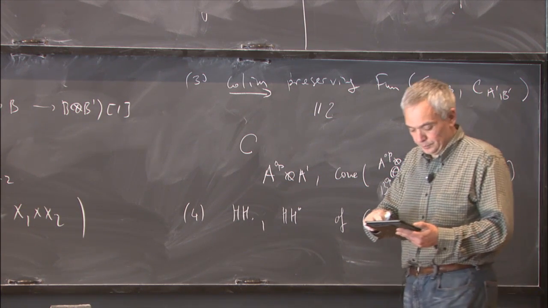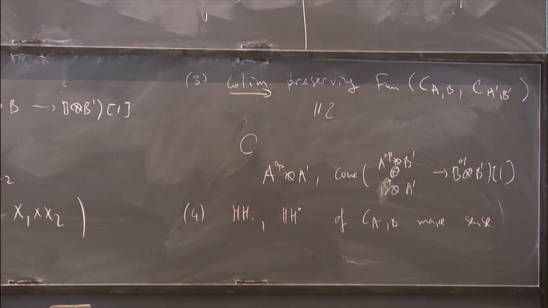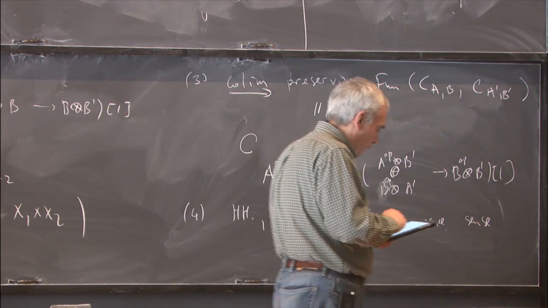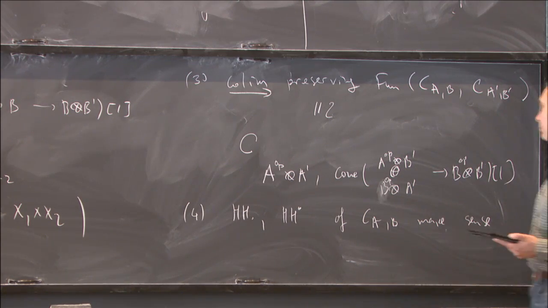So how do you find it? Well, the Hochschild homology is just defined because it's a subcategory, A mod. But in both cases, they're just given as either tensor product or R Hom of the cones of the maps from A to B over A prime tensor A.